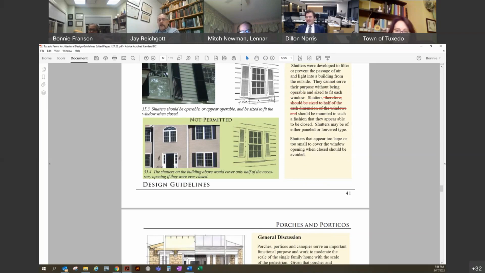So if we're going to allow some modernization of the Hudson Valley style to make this project work, full width shutters may not be possible if we're going to have the kind of large glazing that we're asking for and that people want.